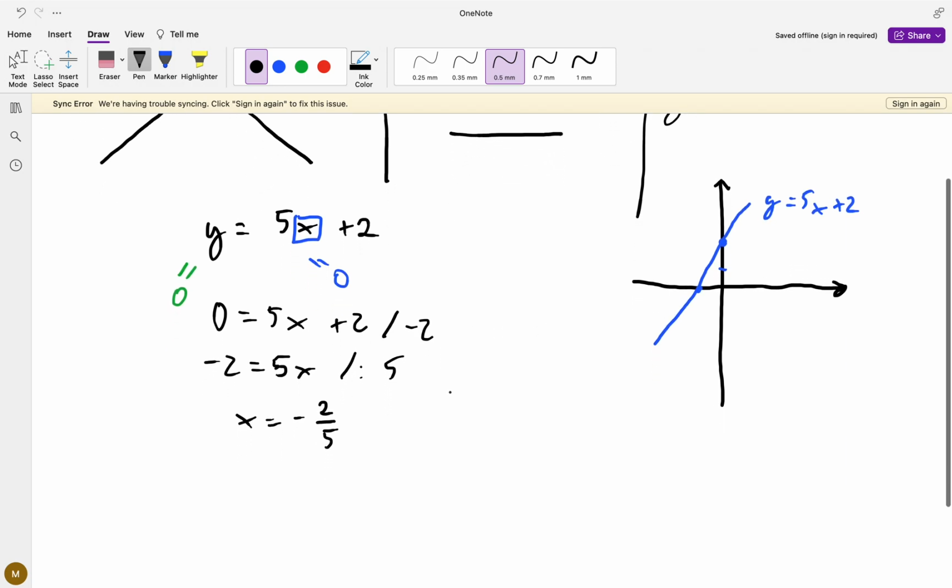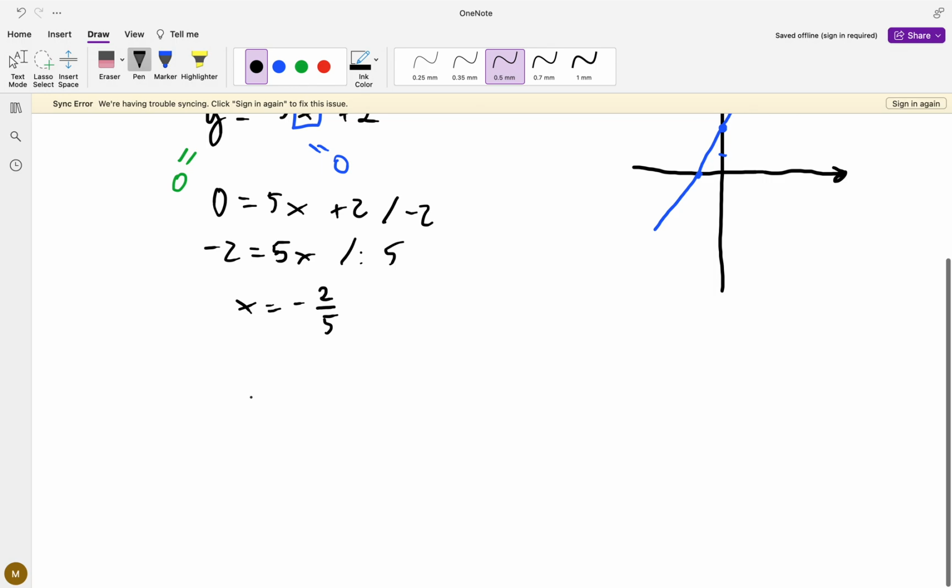Okay, so let's cover some basics about lines. Now I'm going to write the equation of a line in a slightly different way. So y is equal to m times x plus b. Okay, so let me start with b.